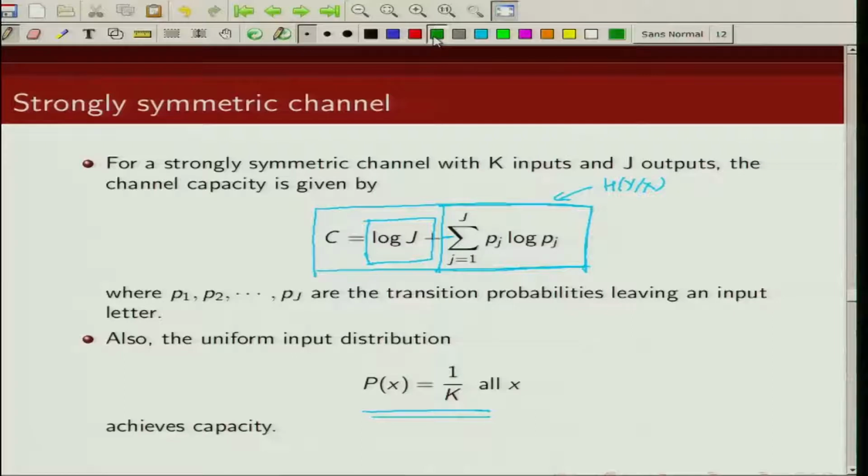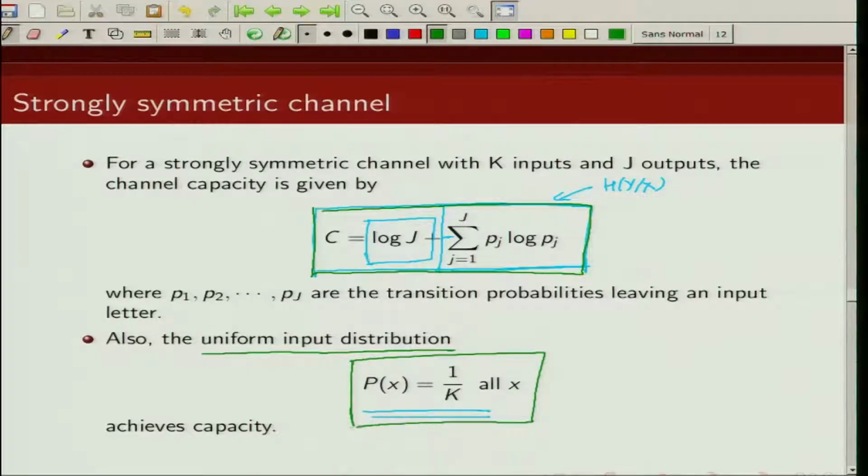So the distribution that achieves capacity for a strongly symmetric channel is the uniform input distribution. If p of x is 1 by k for all x, then that will achieve capacity for a strongly symmetric channel.